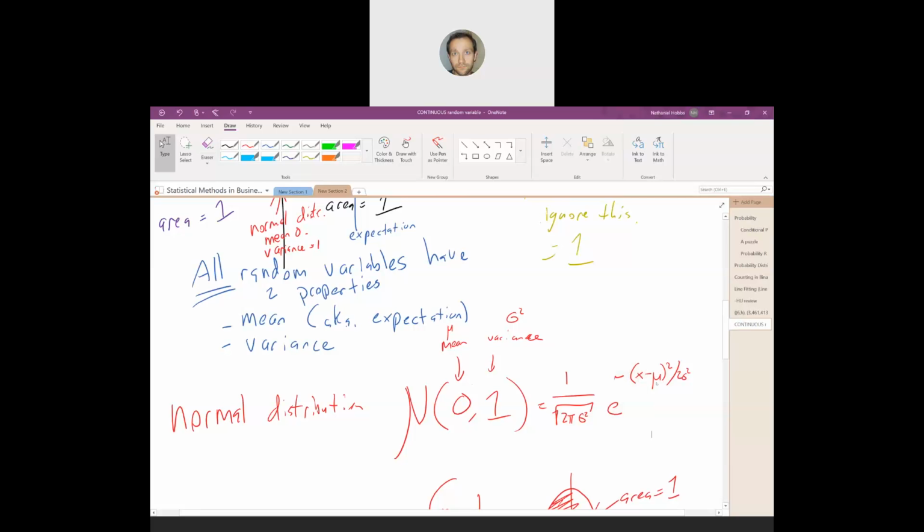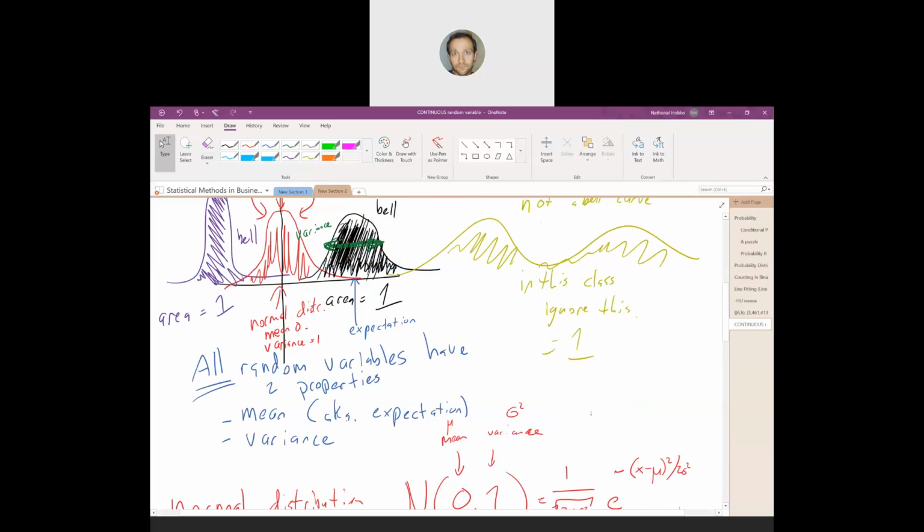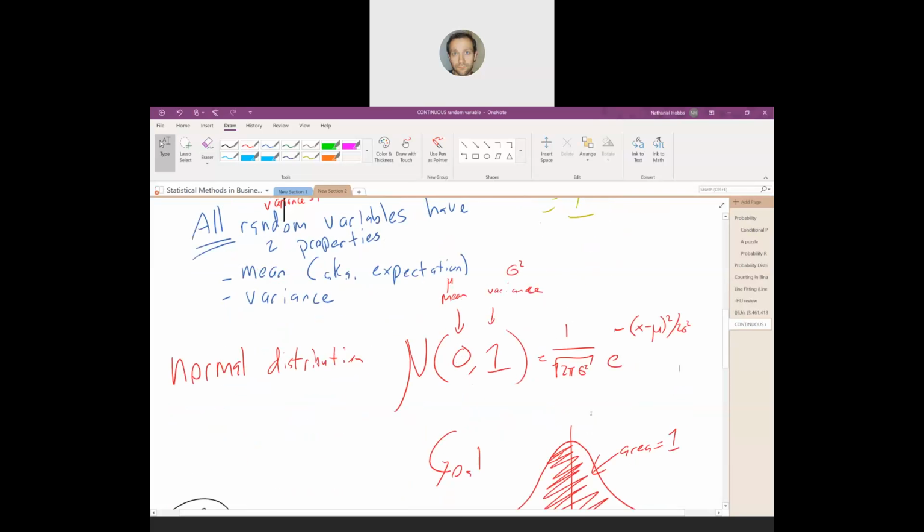Now, forgetting the mu, actually, we're working with the normal distribution here. Sorry, this is the general equation. So the normal distribution here is going to be 1 over the square root of 2 pi. Sigma squared is 1, just placing it in.